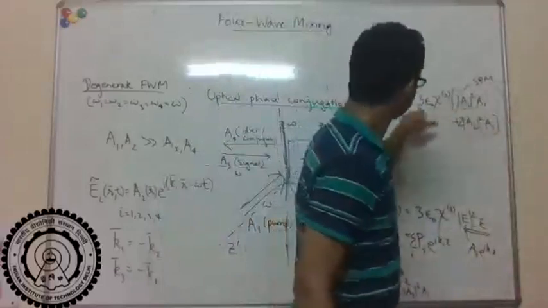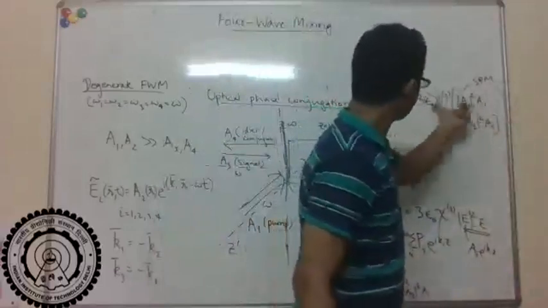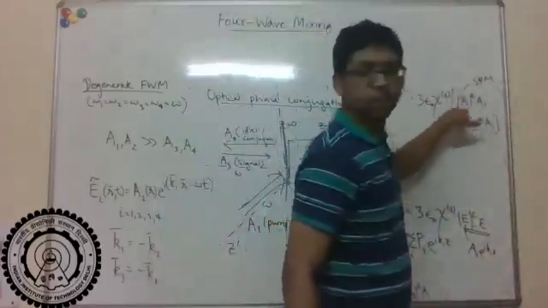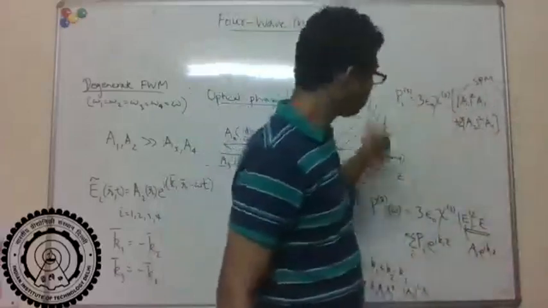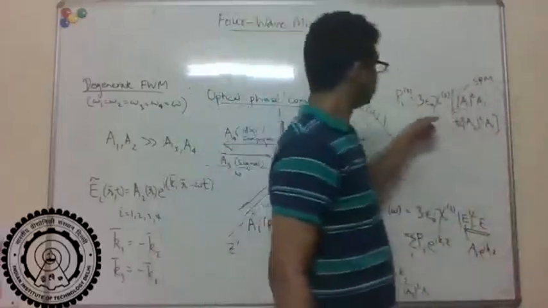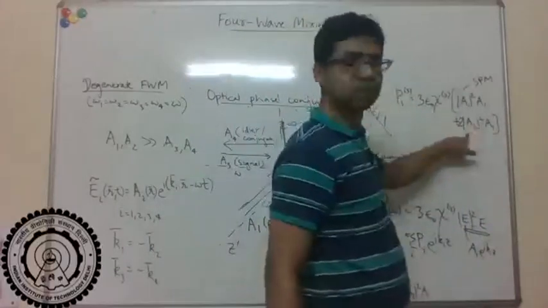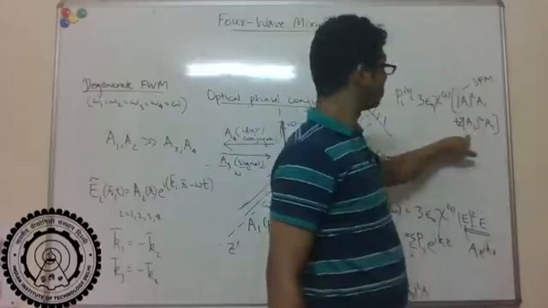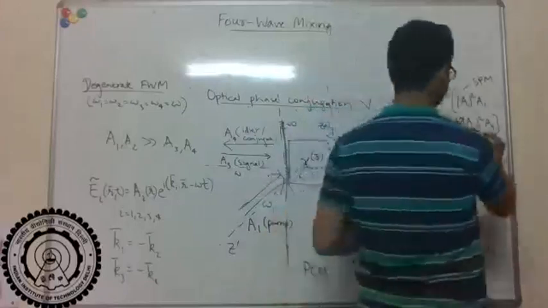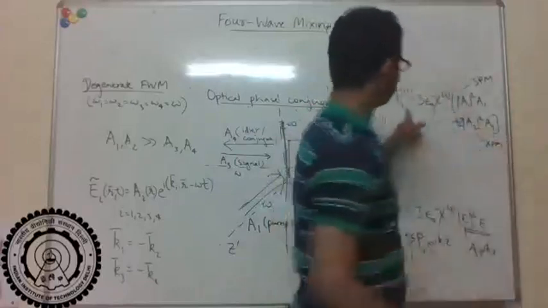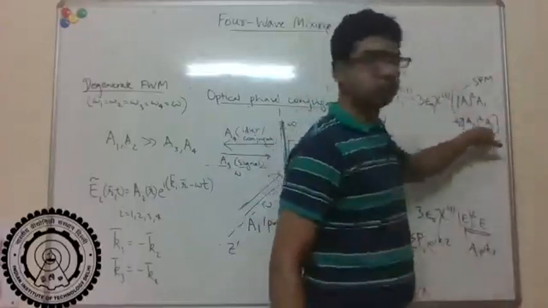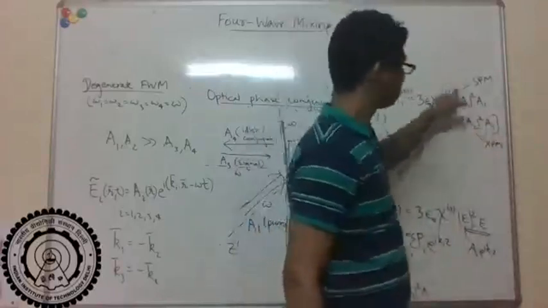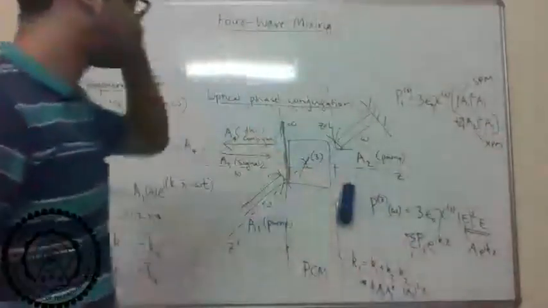The coefficient of A1 is something which will give me the refractive index, and that has mod A1 square. P1 is basically what will affect A1. So this is self-phase modulation. What is this? This is cross-phase modulation, right? This is the phase shift that 2 puts on 1, and it has a factor of 2 here, as we've seen before.